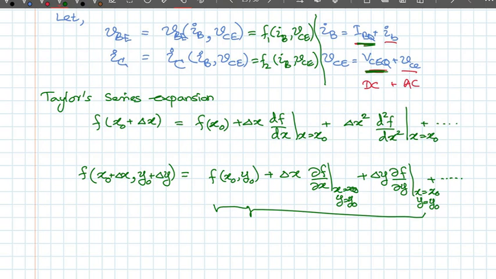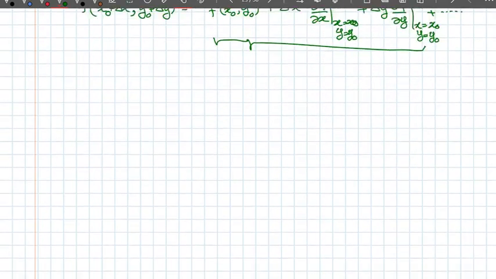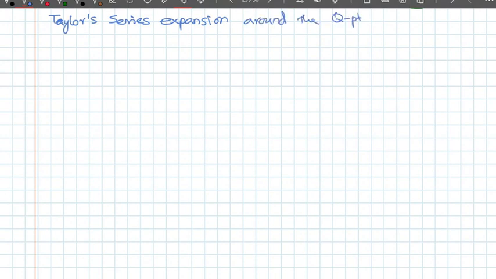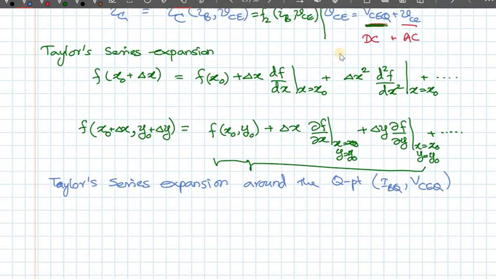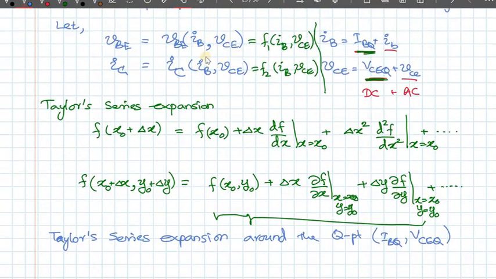Okay, so if I am using this, I can write this as a Taylor series expansion around the Q point, in other words IBQ, VCEQ, because I am using IB and VCE as the independent variables, that is what you have in this expression.